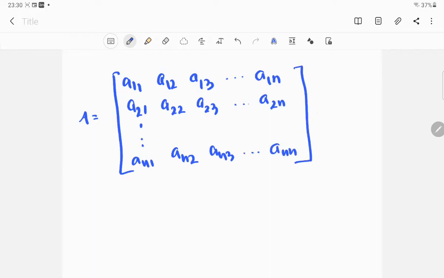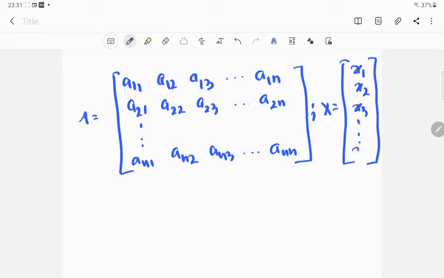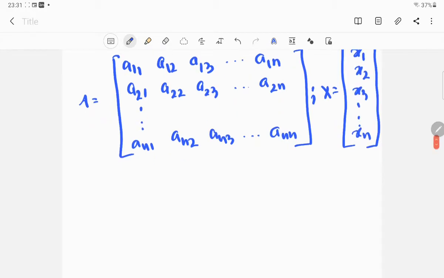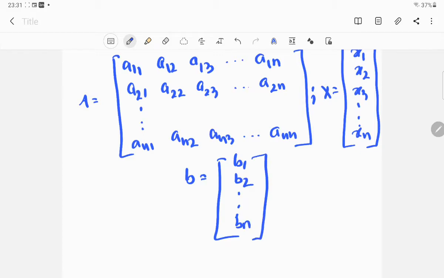And x is equal to x1, x2, x3, up to xn, a column matrix, and b is equal to b1, b2, up to bn, which is also a column matrix.